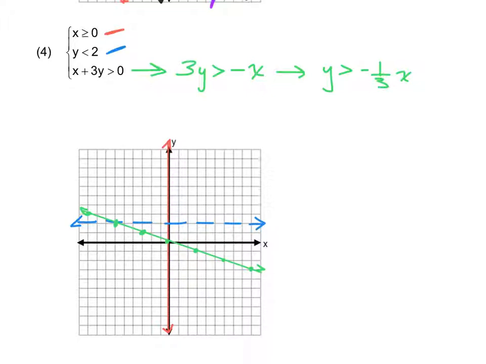Okay, so now my shading. Right, below, above. Right? So where does that put me graphically?